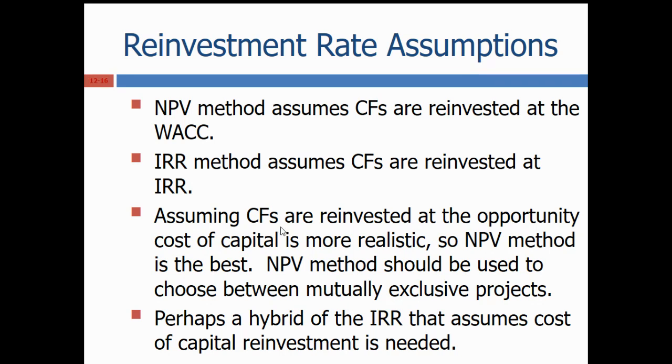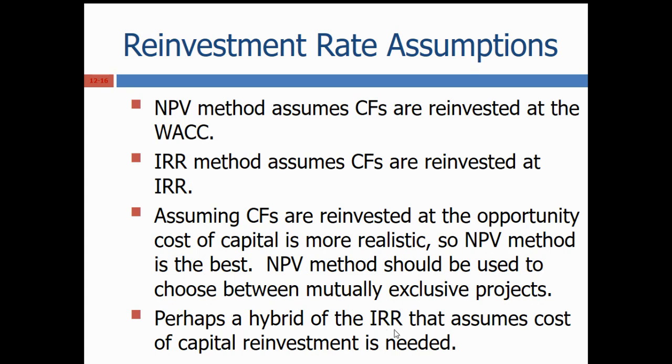All right, so you have two different assumptions here. Assuming reinvesting at the cost of capital, which is the opportunity cost of capital, your WACC is more realistic. Usually your cost of capital will be 8%, 10%, which is more realistic compared to IRR.